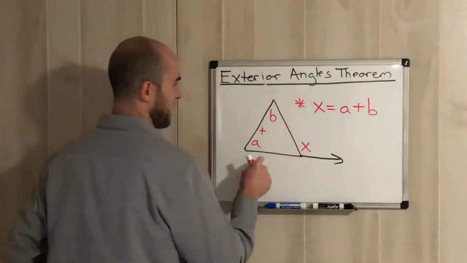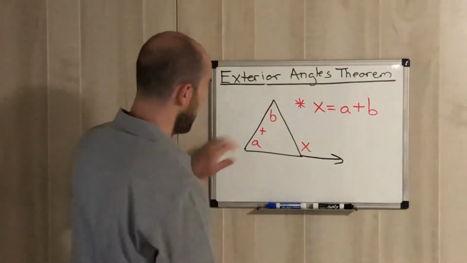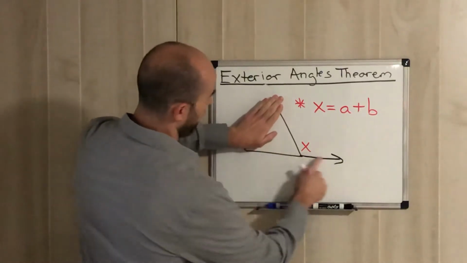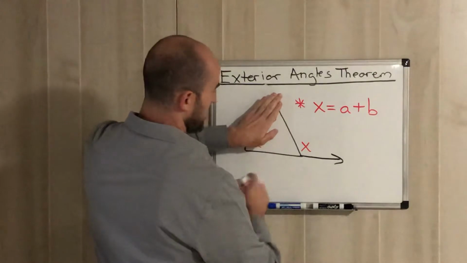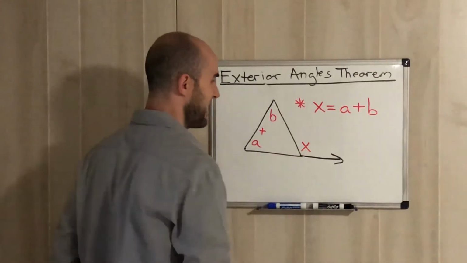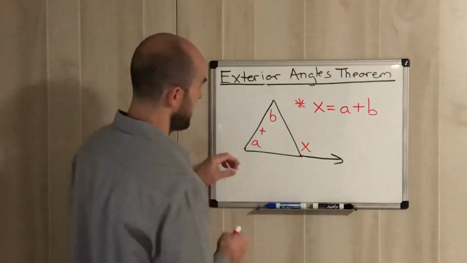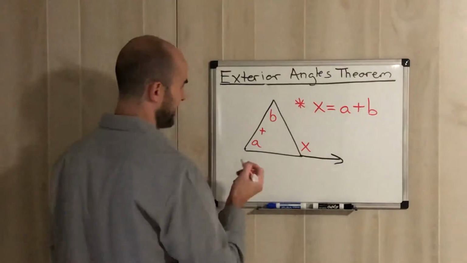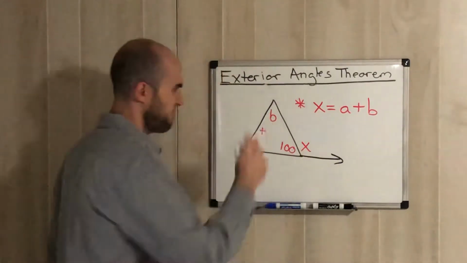And the reason why that is because, let's say we have a triangle, right? Triangle adds up to 180. Forget about that for now. Whenever we have a line, it adds up to 180, right? So since the line adds up to 180, the triangle adds up to 180, there's the common relationship. So since they both add up to 180, let's say I were to make this 100, just making something up.